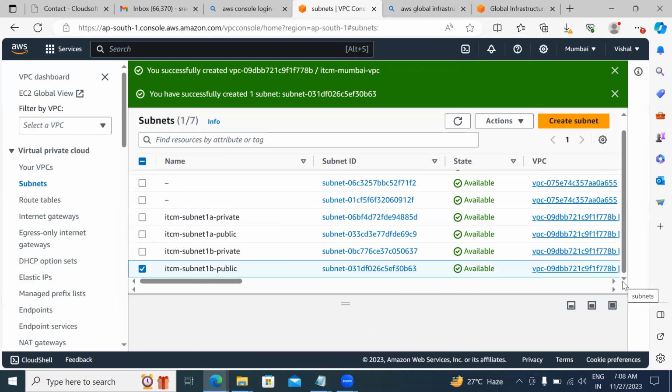Total we have 4. We didn't go to 1C, right? Only 4 subnets we created.